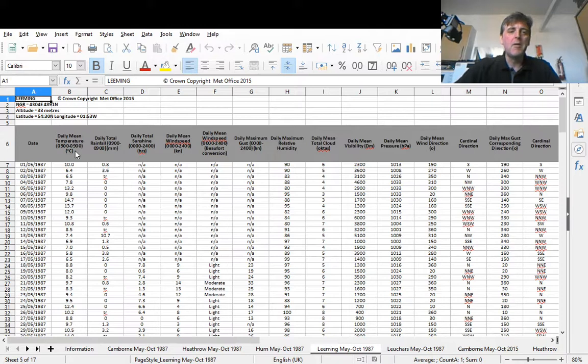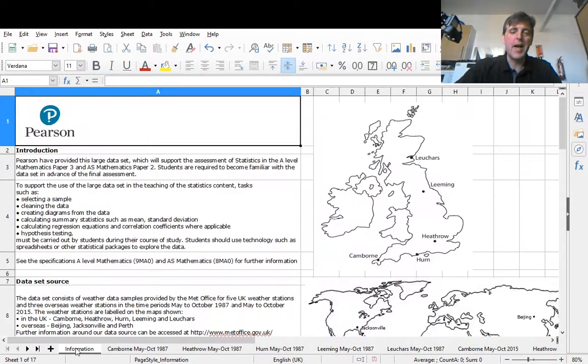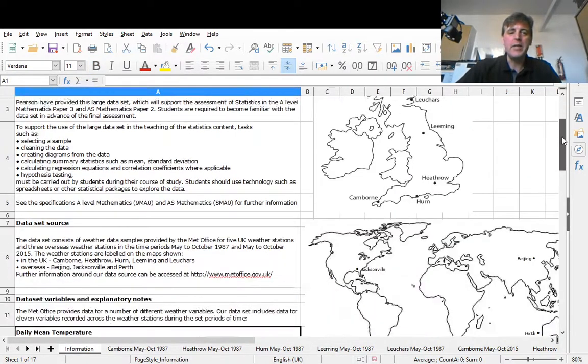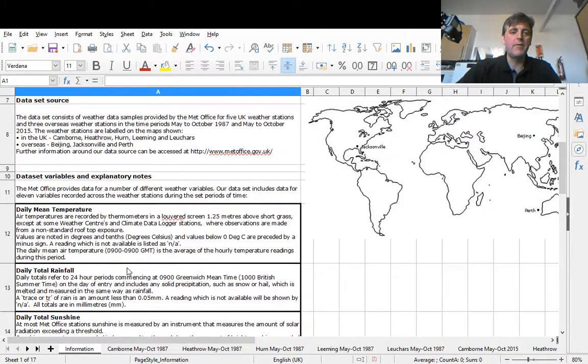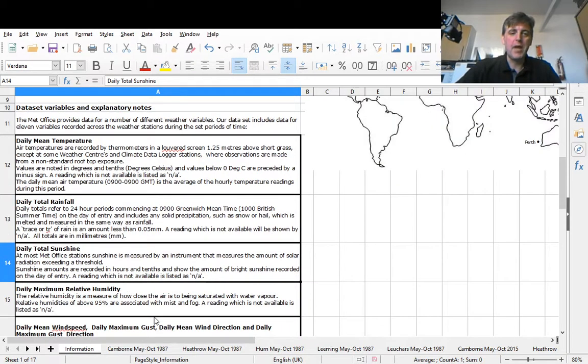But throughout the course, you are going to be doing some investigations where you are analysing this data. Now, if you need any explanation about what these things actually mean here, if you go to the information tab, then you will see, if I scroll down here, there's lots of information here about what these things actually mean.